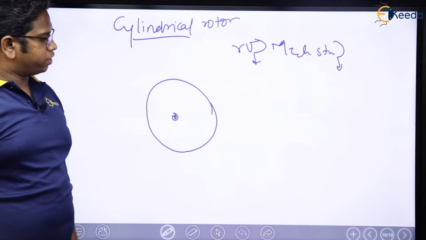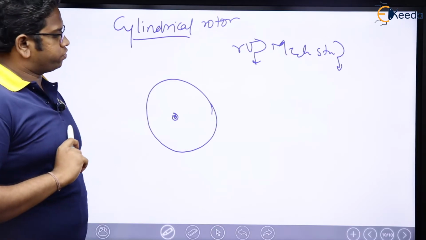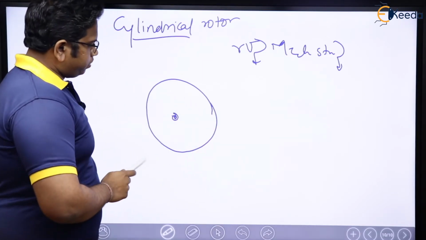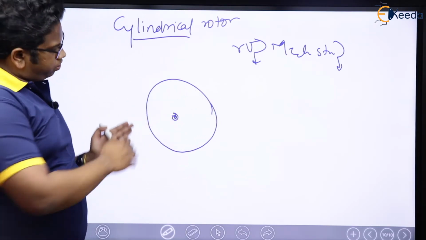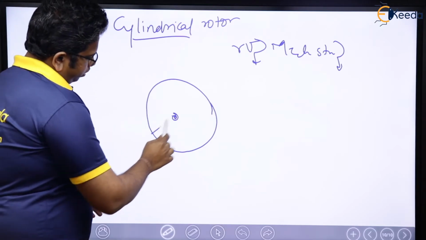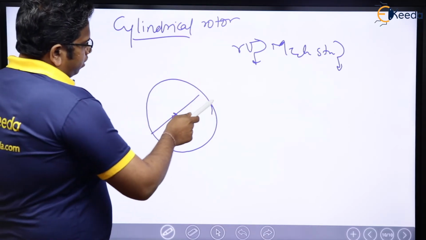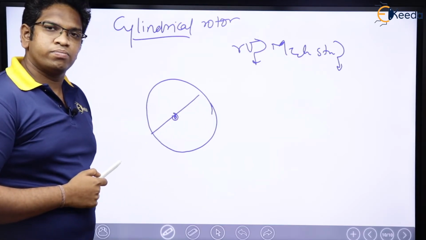That was the reason. But what has happened because of that? See here, this is the rotor, right? Since the diameter of the rotor has been reduced, the volume in the air gap has also been reduced, right?